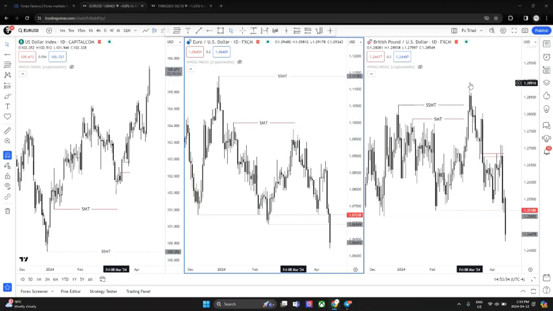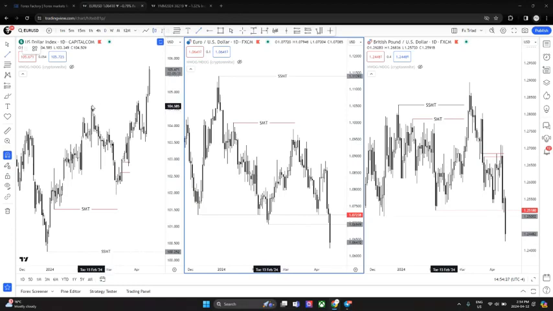This is it. Right here, we had price fail to trade below this low. And here we had price trade above this high. I would not view this as sequential SMT. Why? It's too shallow. This is nothing.